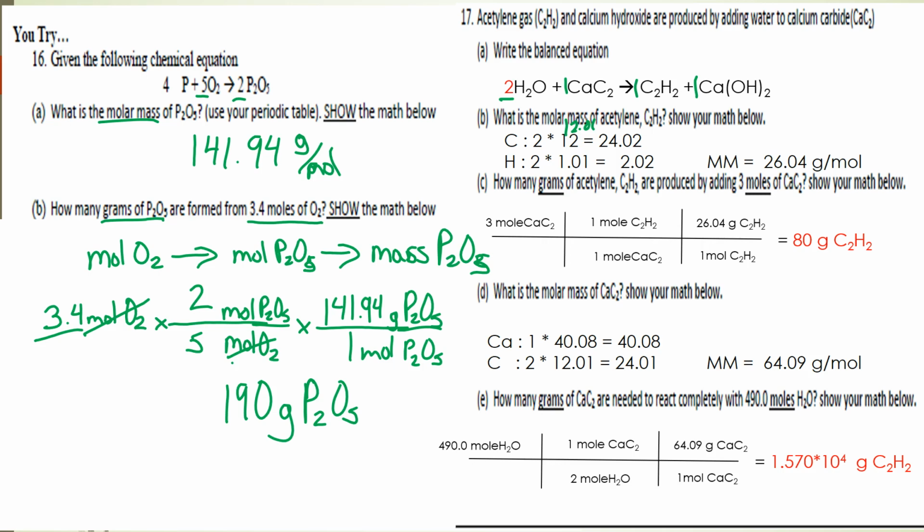Putting it into 4 sig figs is 1.570 times 10 to the 4th. If we were entering this as an answer on the test, I probably would have done 1.570E4 like that. That means the same thing.